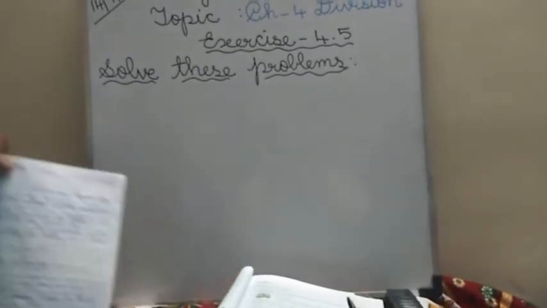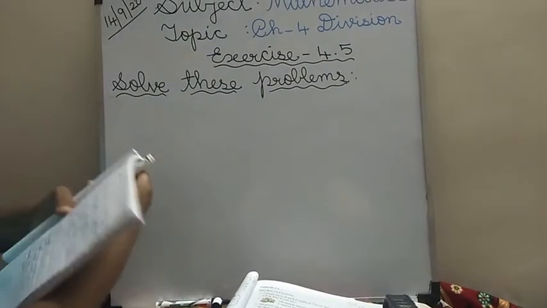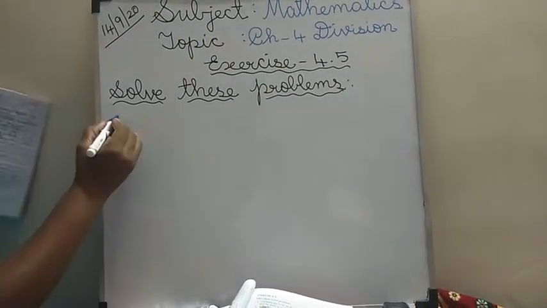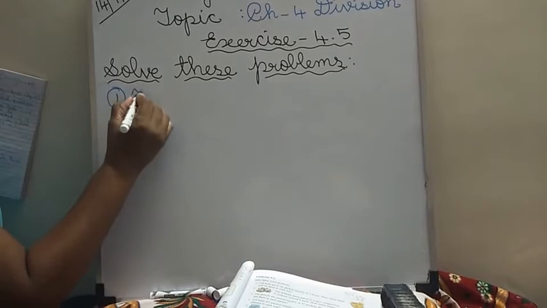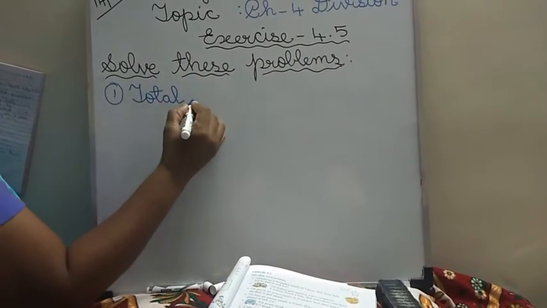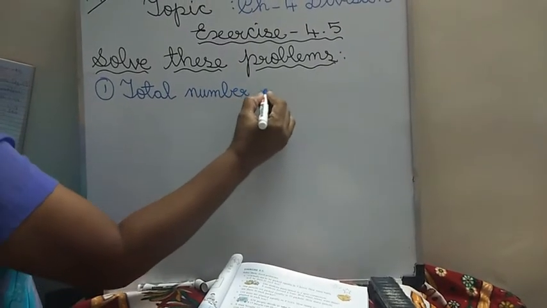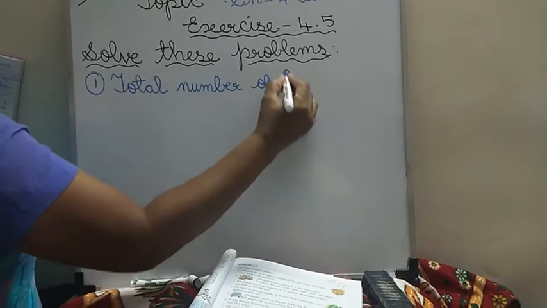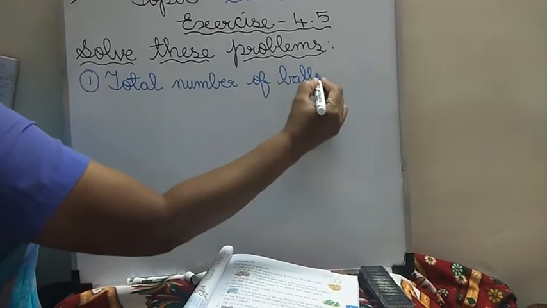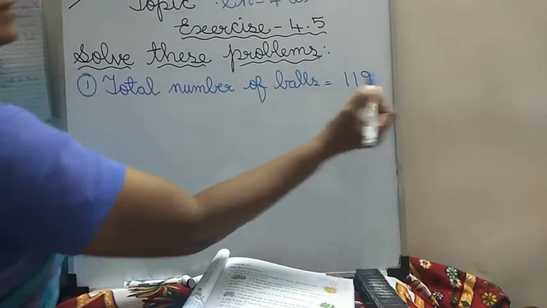See, so how many balls are there? So what we have to write? Total number of balls. First we have to write total number of balls. How many balls children? 119 balls are there.